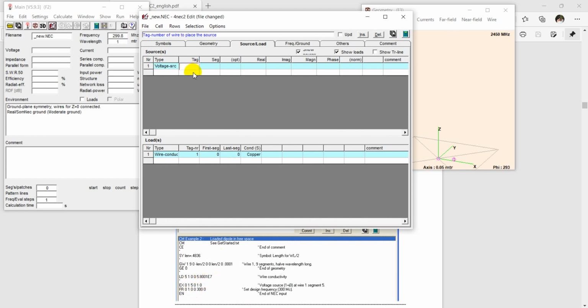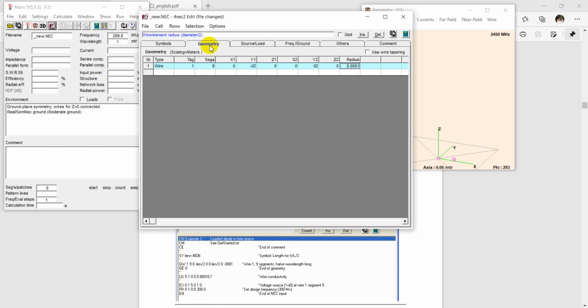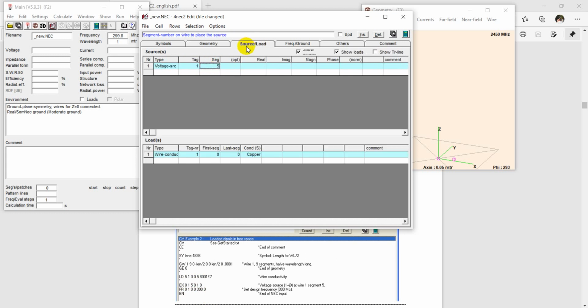Then the tag number, which is 1, and the segment, which is 5, which is almost half of the geometry segment. In geometry we take 9 segments, and half of that is 4.5, but it is near the value of 5, so we are taking the voltage source at 5, at almost the middle of the wire.